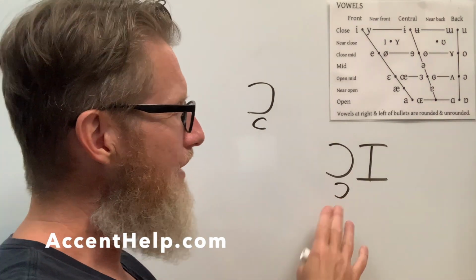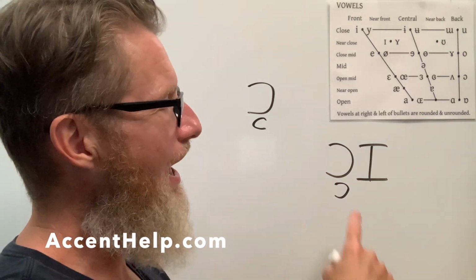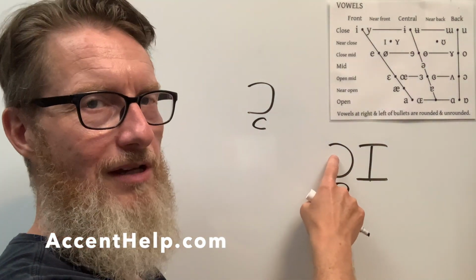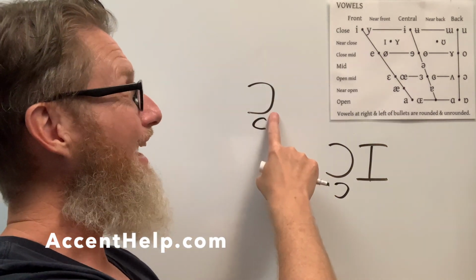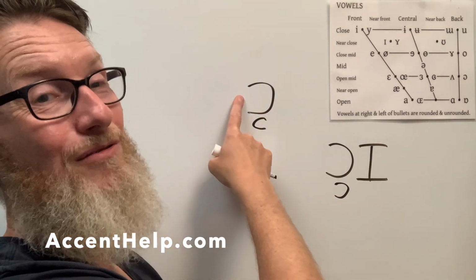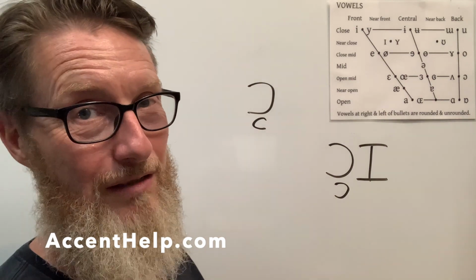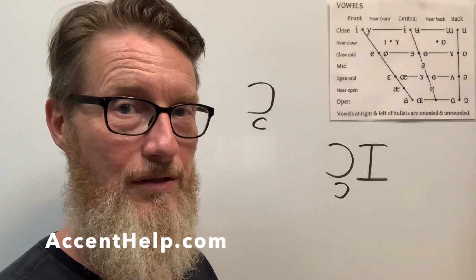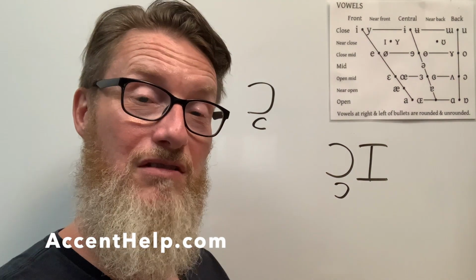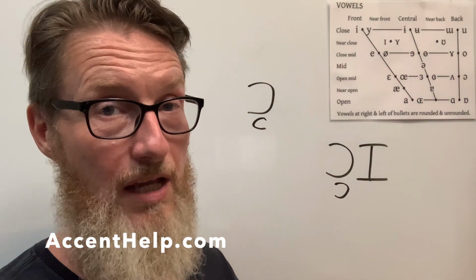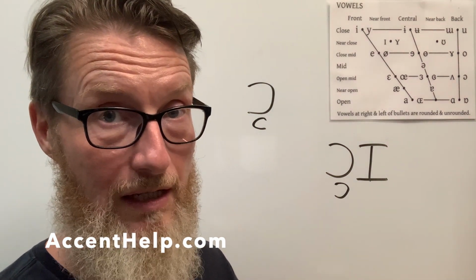So the biggest thing that I would say is realize how rounded this sound is, and don't be thrown by how unrounded this sound tends to be for most American speakers in their pronunciation. But otherwise, with choice, there doesn't tend to be a lot of variation in American accents.